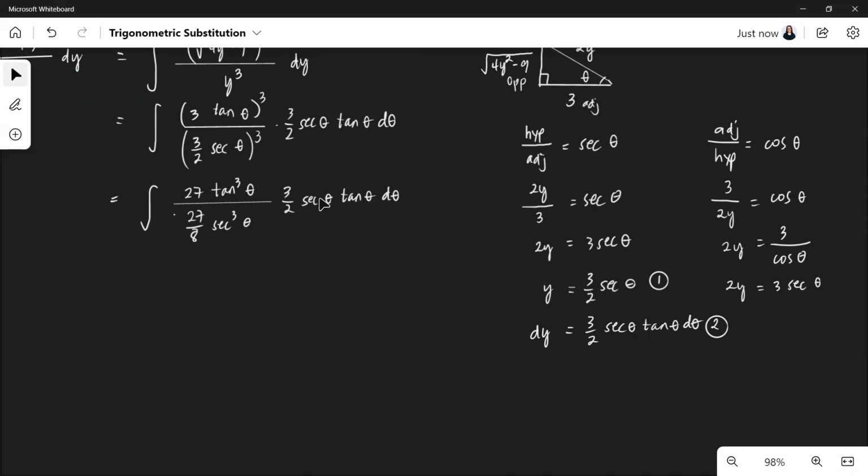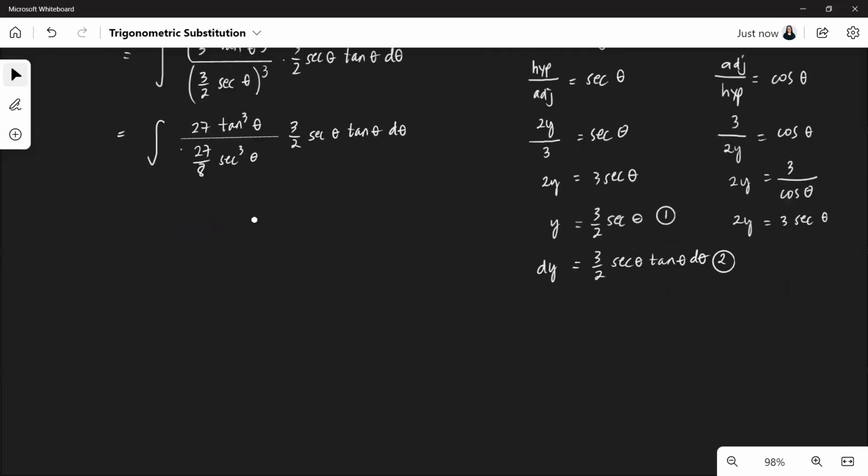This supposedly will form the du if we have only secant in this fraction, but since we have tangent, we transform it into secant. We can easily transform it to secant if the power is an even number using one of the Pythagorean identities, but since it's odd, let's combine first the two tangents here so that we can see what we can do with the tangent and the secant.